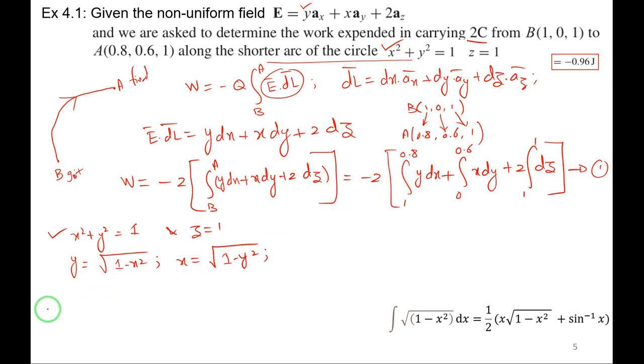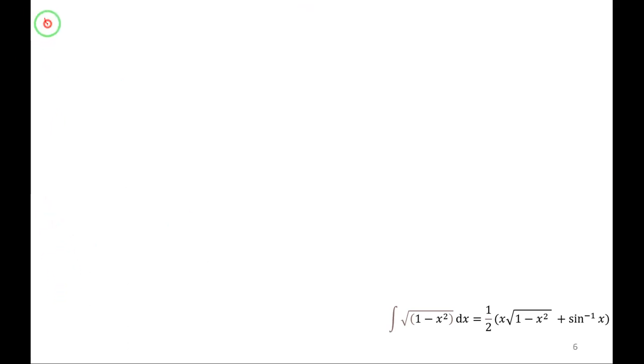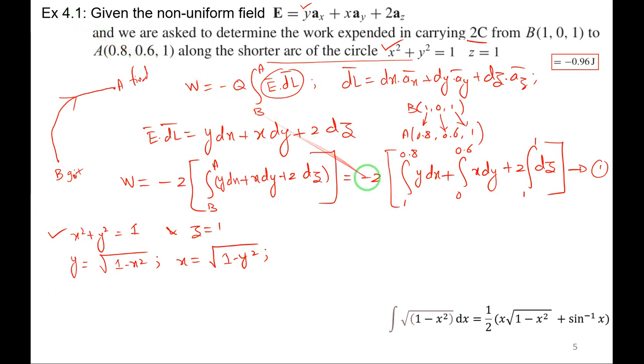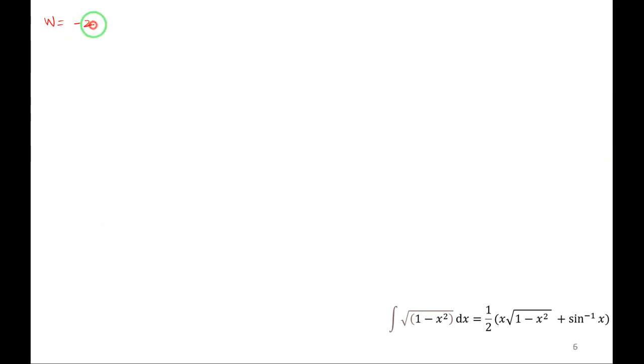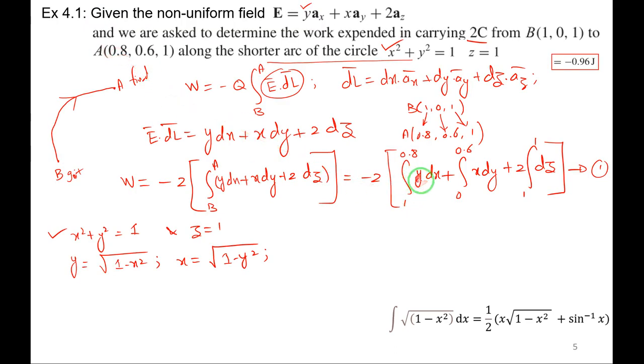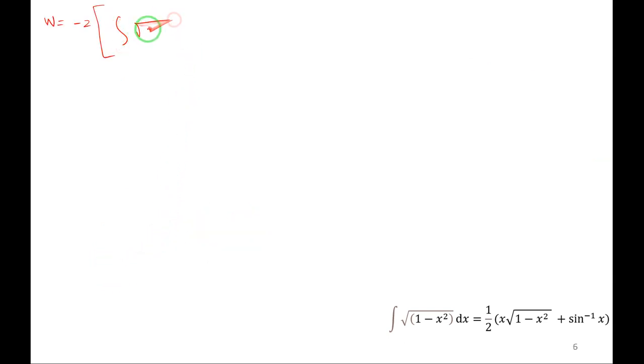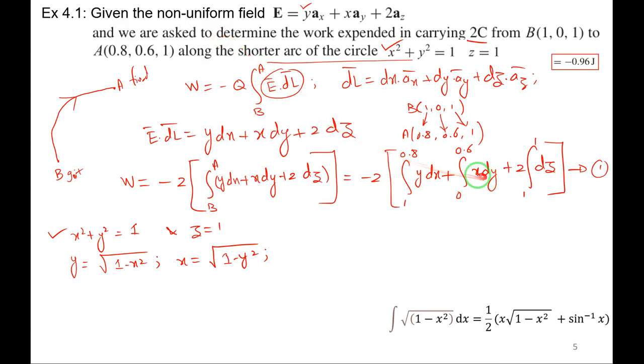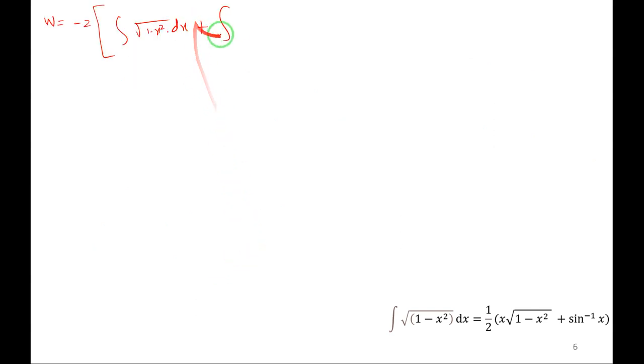So we'll substitute. W is equal to minus 2 as it is, integration of y dx, where y is root of 1 minus x square, root of 1 minus x square into dx, plus integration of x into dy, where x is root of 1 minus y square, root of 1 minus y square into dy, plus the third one, 2 integration of dz.